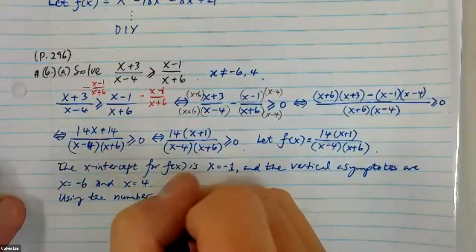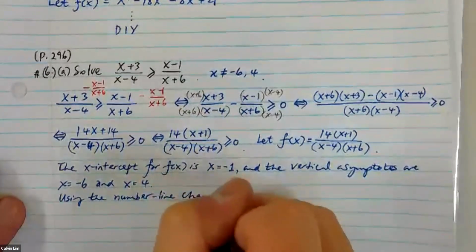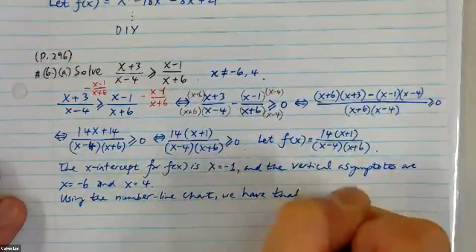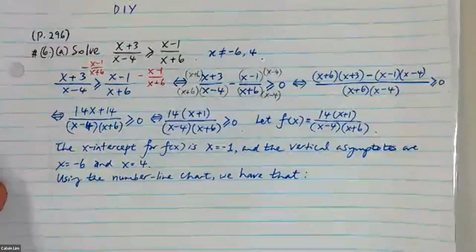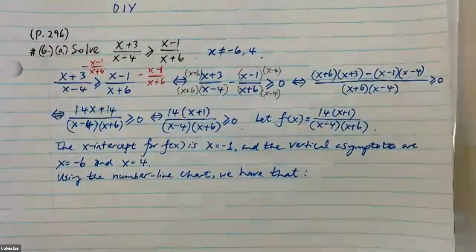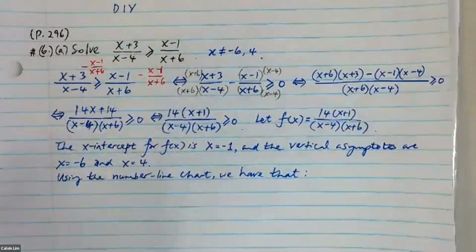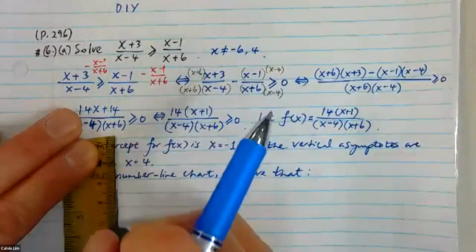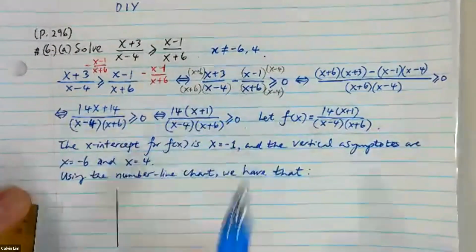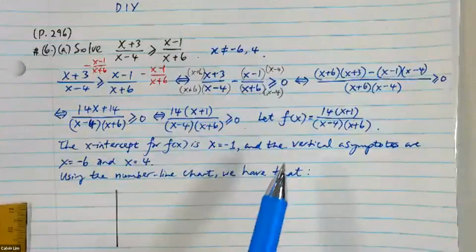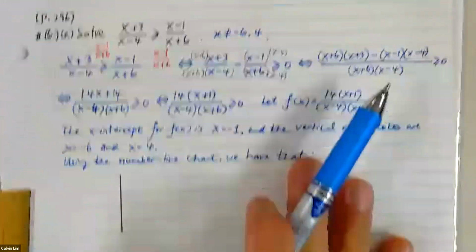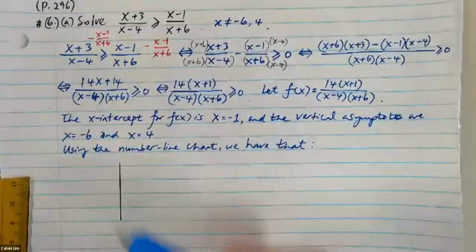Using the number line chart, just like the number line method for solving polynomial inequalities, you construct a chart with all of these factors, the numerator as well as the denominator, in the first column.